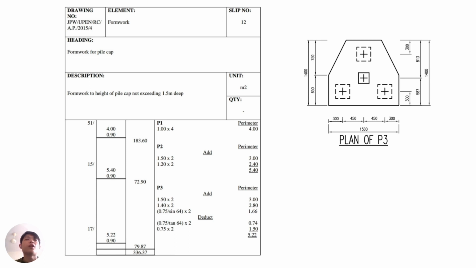And we need to deduct the height of the triangle and the base of the triangle, where the height is equal to 0.75 times 2 and the base is equal to 0.75 over tangent 64 times 2. For the perimeter of P3, after calculating, we get the value of 5.22. Then the 5.22 is multiplied by the 0.9 height of the pile cap, and times 17, we get 79.87.